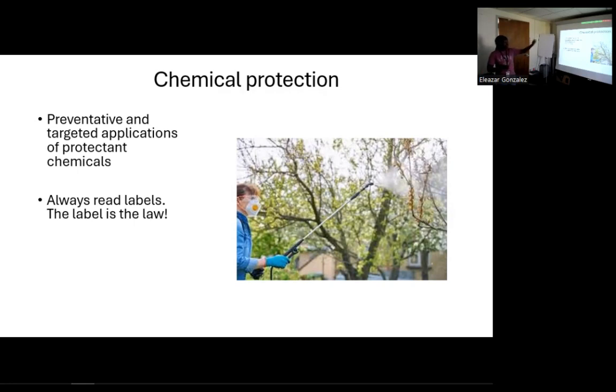For a lot of chemicals, we ask the growers to rely on the decision support tools, because if it's been predicted that a certain disease will occur, then they will know when to apply, and they have these targeted applications rather than just spraying and spraying and spraying too many applications. So it reduces significantly the amount of applications. But we always say read the labels, because the label is the law for any chemical. So that's our last resort after you've tried all the other things.